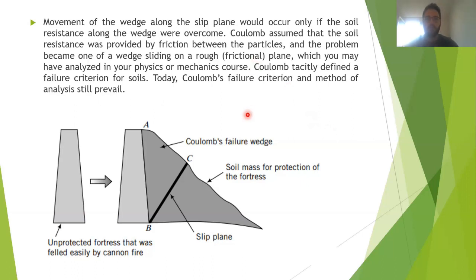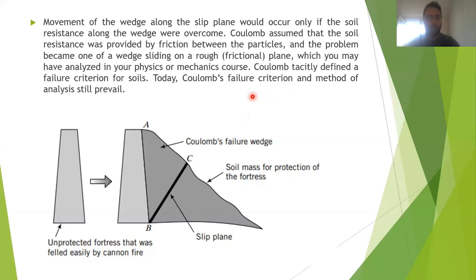So back to Coulomb. Coulomb assumed that the soil resistance was provided by the friction between the particles. That actually came true after this observation, because in the soil we now define, for the Mohr-Coulomb failure law, the soil strength by the cohesion and the friction angle, and the friction angle actually comes from the friction between particles.